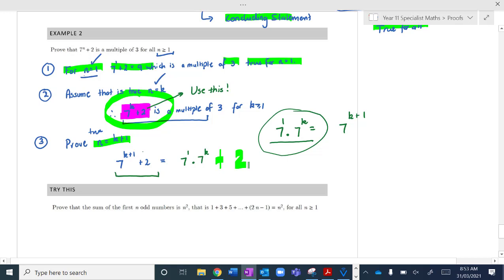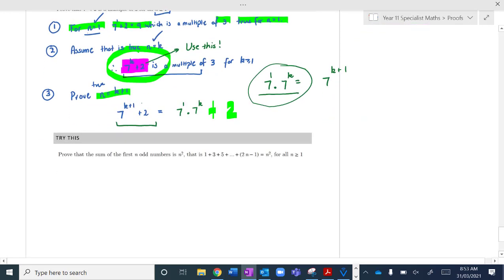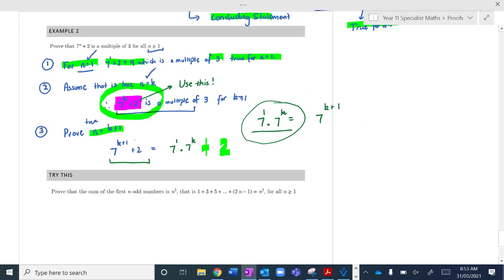Now, you can later on see that we can then prove that is a multiple of 3. When you prove that that's a multiple of 3, you've shown that it's true for n equals 1, you've assumed that it's true for n equals k, and it's also true for n equals k plus 1. Therefore, you can use your inductive logic that it's true for all cases.